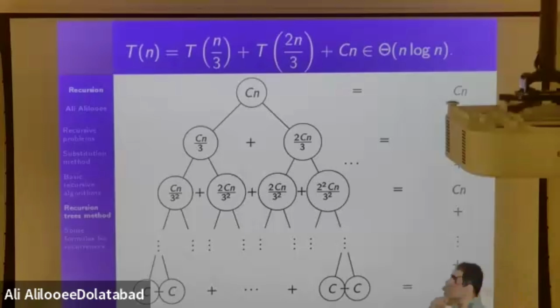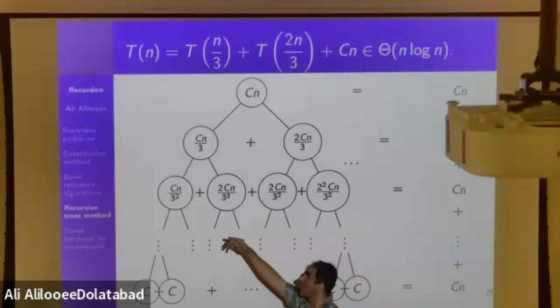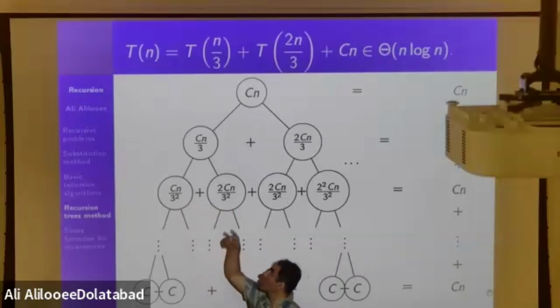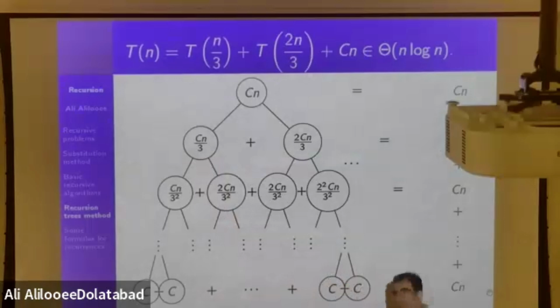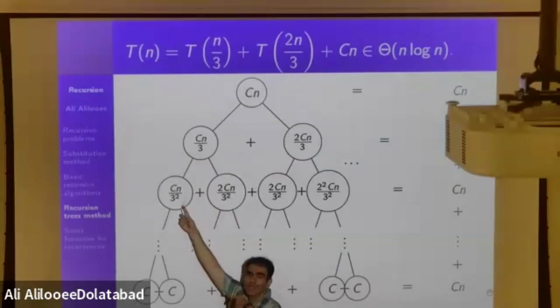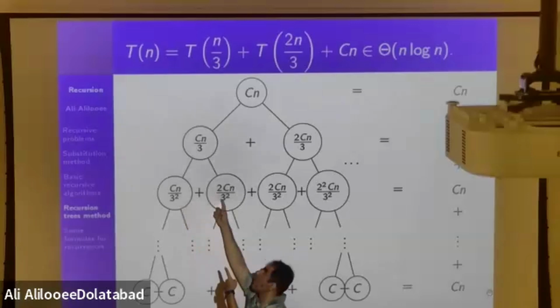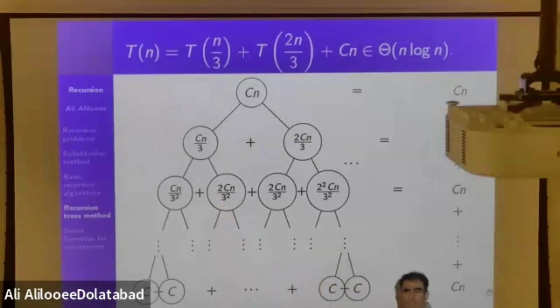And we will continue. For example, for cn/3, again, there are two children. See? When you want to find the cost, you just need to replace the n of the parent with n/3, because the parent here is cn/3. When you replace n with n/3, you will get cn/3 squared. When you replace n with 2n/3, you will get 2cn/3 squared.